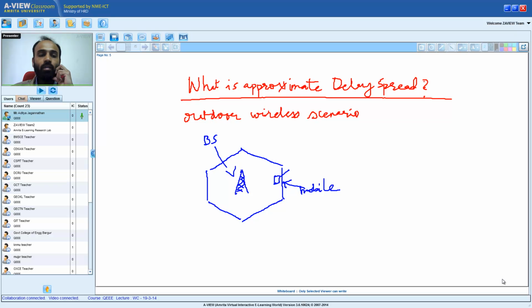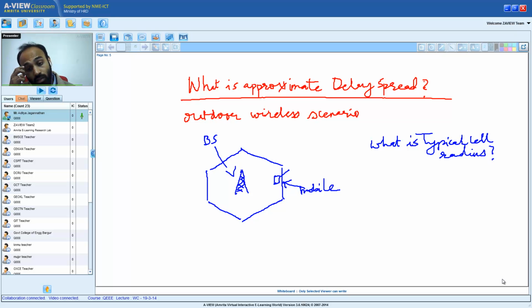Now, can someone tell me what is the typical radius of a cell in an outdoor environment? What is the typical cell radius in a cellular communication system?